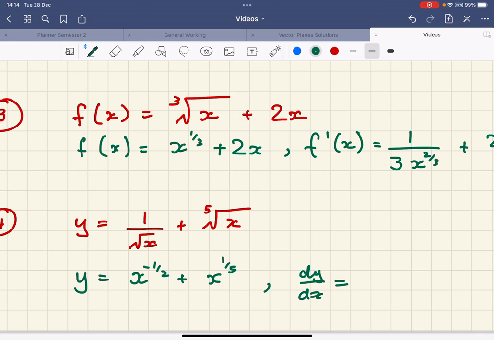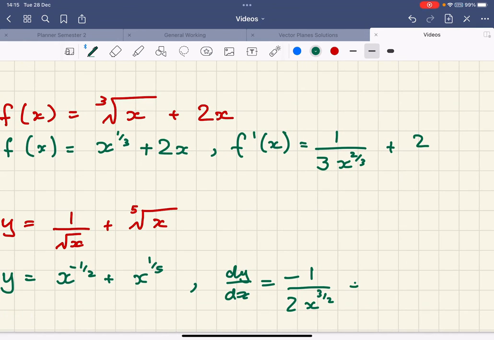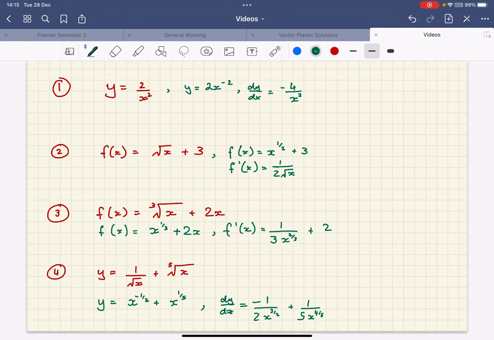And we're going to get minus a half times x to the power of negative 3 over 2, but I'm going to put it on the bottom and make it 3 over 2, plus 1/5, and then a fifth take away 1 is negative 4/5, so I'm going to bring that to the bottom here like that. So there are all my answers there.